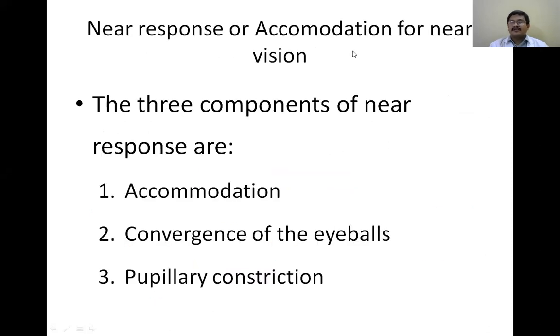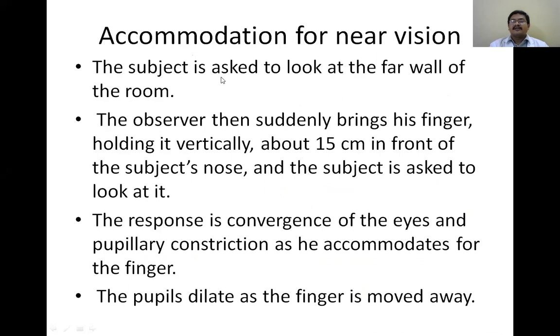The near response, or accommodation reflex, has three components: the accommodation, the convergence of the eyeballs, and the pupillary constriction. Ask the subject to look at a far object, then suddenly bring the finger, held vertically, about 15 centimeters in front of the subject's nose. First, you ask the subject to concentrate on a distant object.